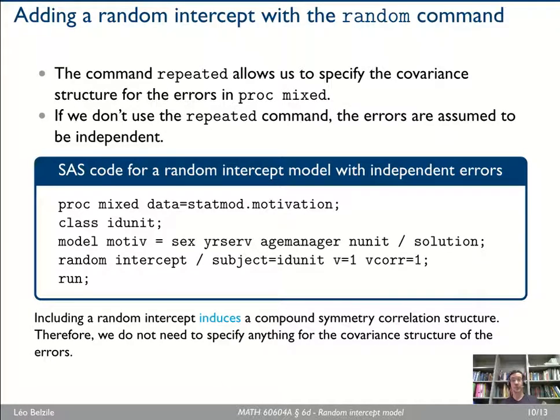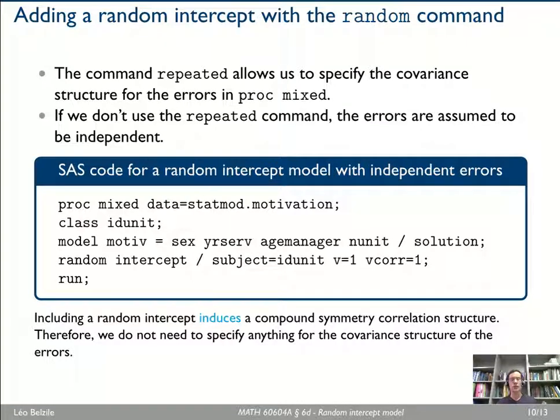So the important part: how do we fit this model? Before, we used the repeated line to specify the covariance for the errors. Here we're just not going to care about the errors. We're just going to assume that they're independent for now. So if you don't specify repeated, they're just assumed to be diagonal independent, and you can read this from the output to make sure that it's indeed the case.